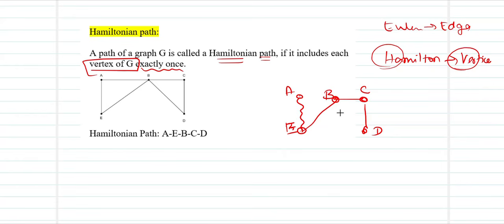No, we have not. So keep in mind, what we are concerned with is only vertices, don't bother about edges. What we are concerned with in a Hamiltonian path is all about vertices alone. If I am able to touch all of these vertices exactly once, then I am able to find a path, and that path will be called a Hamiltonian path.